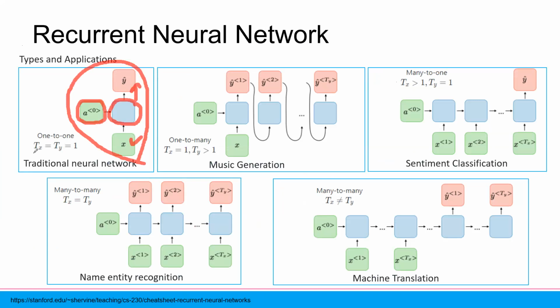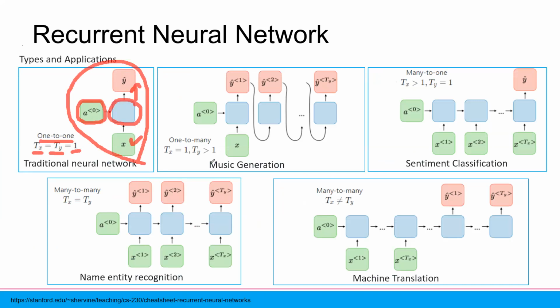So in this case, we have the Tx. Let's say we have one kind of variable, and then we have one class or one type of prediction. So we can say this is 1-to-1. So the traditional network that you learned before is typically like this one.